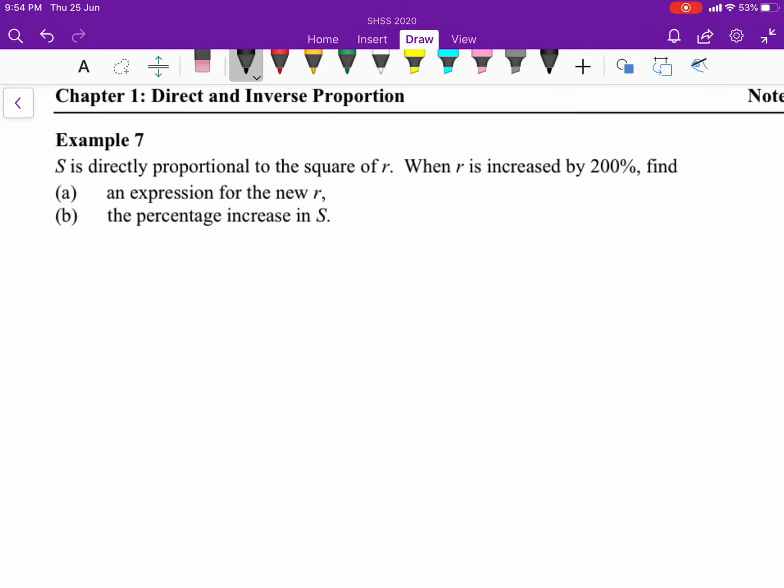Alright, example number 6 done. Now we go to example number 7. Same question, read the question. S is directly proportional to the square of R. So S equals k times R squared, k is a constant.